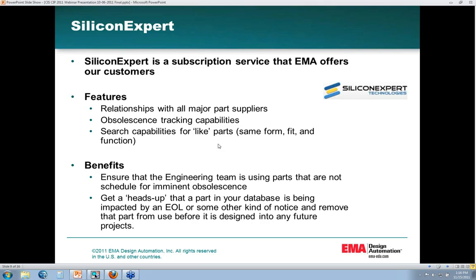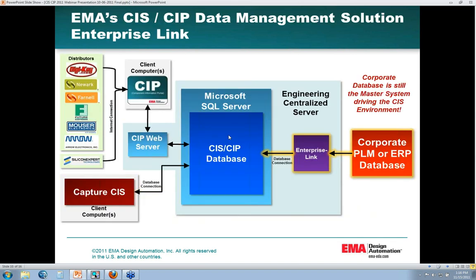So that brings up the next part of our presentation, and that is our Enterprise Link product. The Enterprise Link provides synchronization between the component information system, or CIS, and component data stored in an external system, like an ERP system or a PLM, product lifecycle management, system.